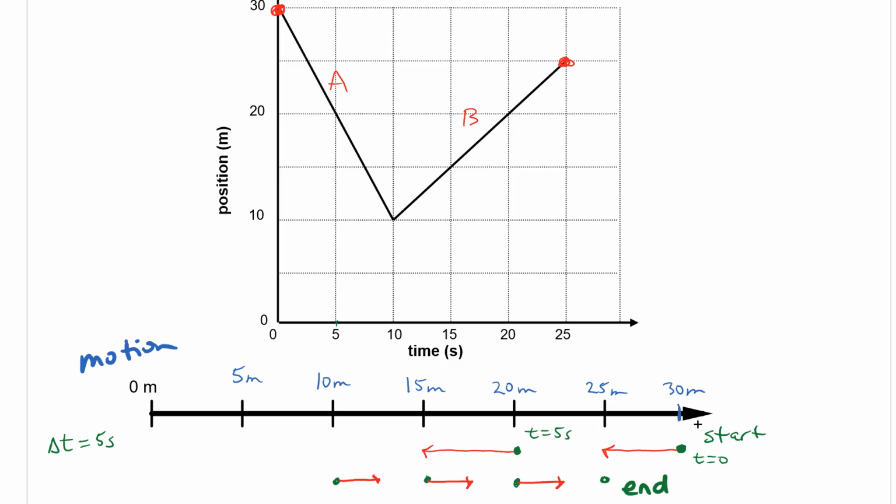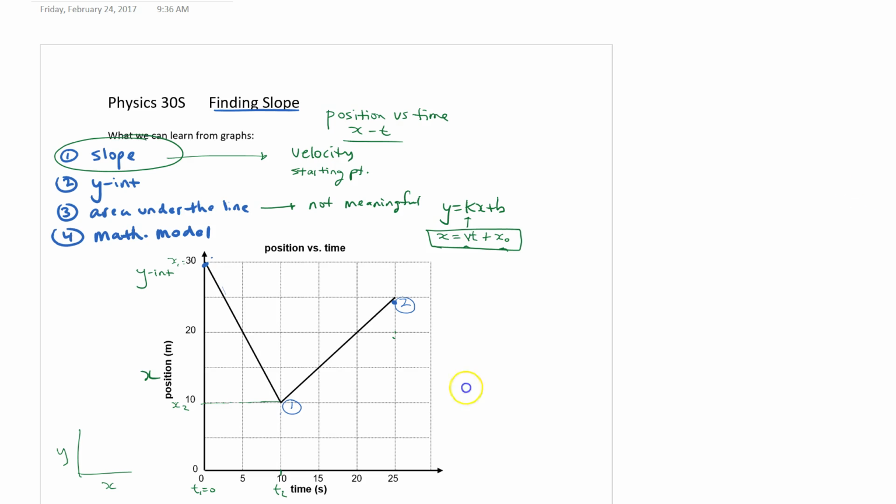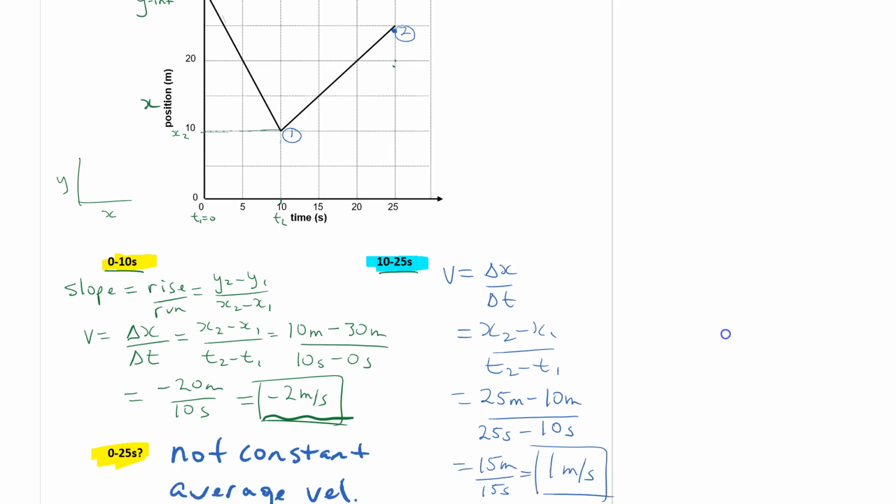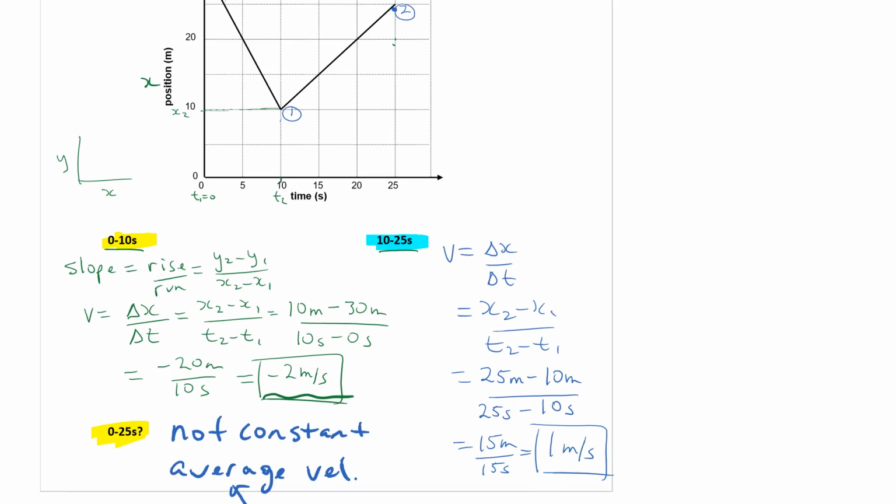Now if I compare this to when I did finding the slope, this is the previous one, I found that in that first segment I was going at -2 meters per second, and in the second segment I'm going at 1 meter per second, so I could actually use that.